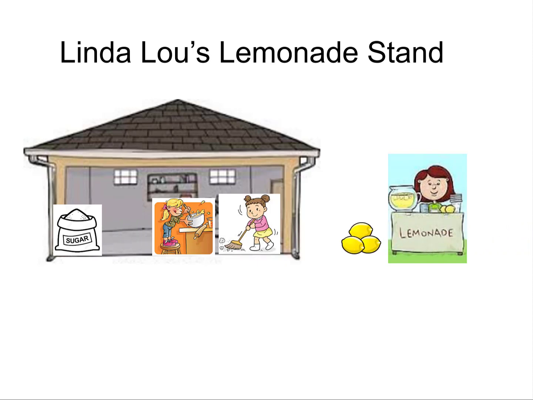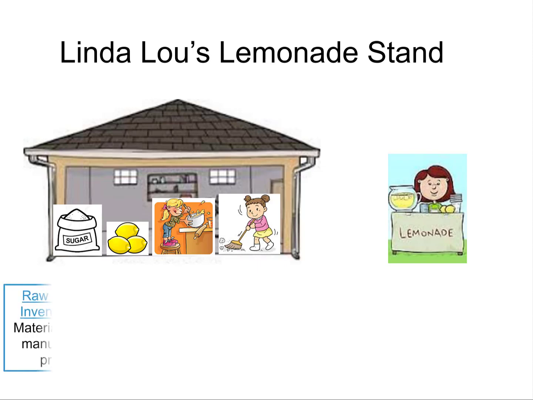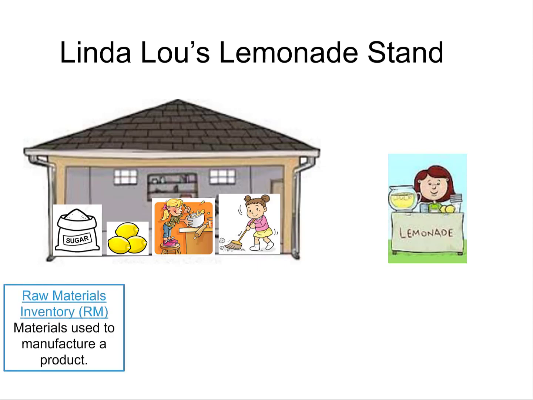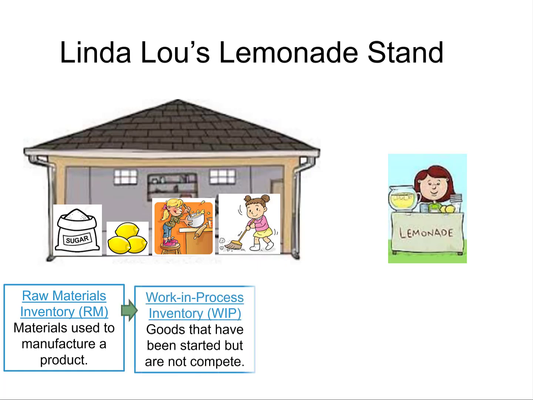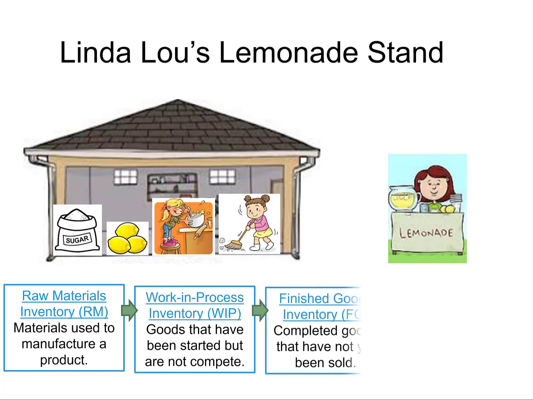So from the previous slide, I'll bring in the three inventory accounts that manufacturing companies have. Raw materials inventory, which then flows into work in process inventory, which then flows into finished goods inventory. So for my awesome graphical rendition of this manufacturing company, what would be the raw materials inventory?